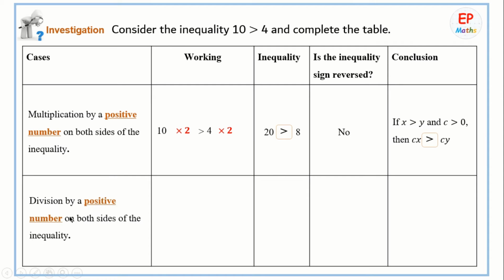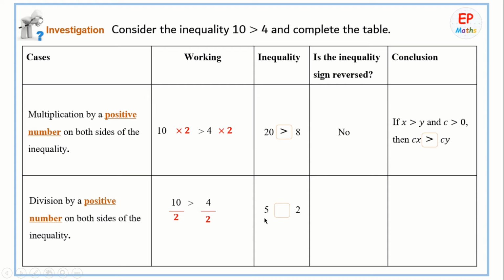We look at case number 2. Division by a positive number on both sides of the inequality. Remember, we have got 10 is more than 4. So let us divide it by positive 2 on both sides. So we see that 10 divided by 2 will give us 5, and 4 divided by 2 will give us 2.